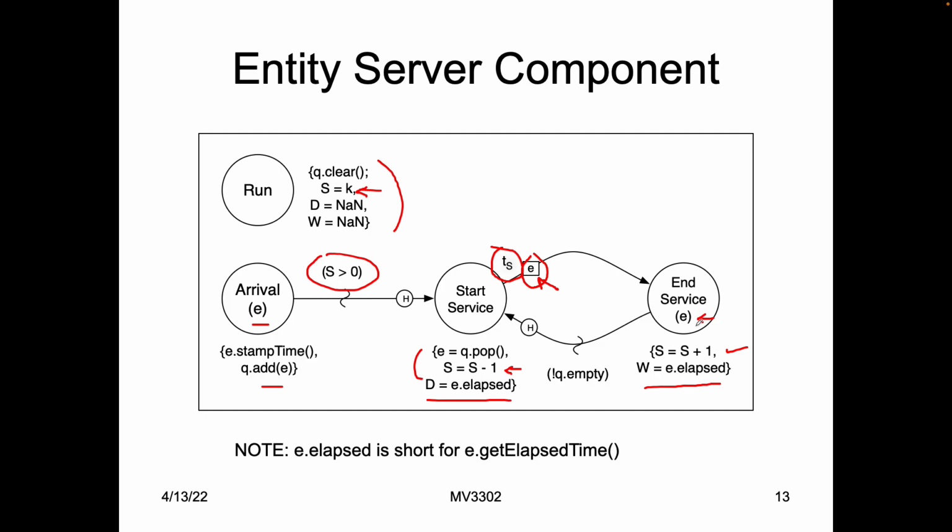And so this will allow us to tally both the delays in the queue and the time in the system. And since the full name would be get elapsed time, it's just being represented this way as shorthand, with an understanding of that.